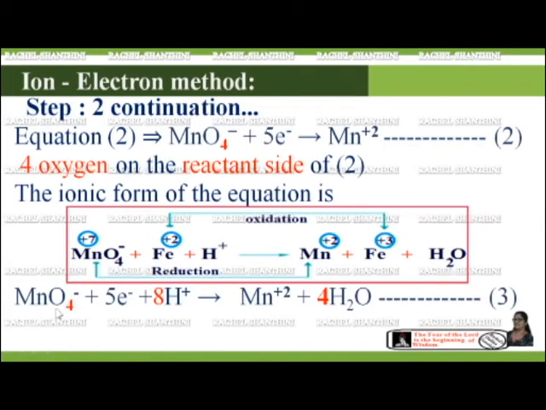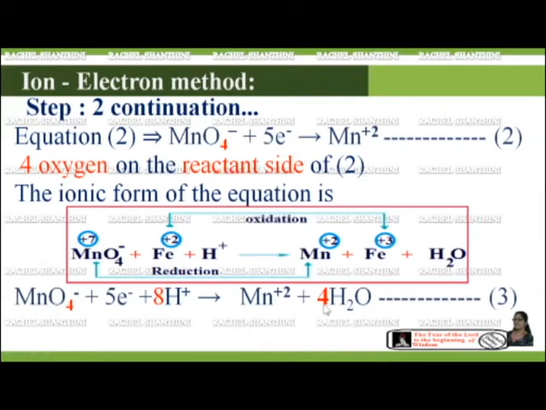So we can write MnO4⁻ plus 5 electrons plus H⁺ gives Mn²⁺ plus water molecule. To balance the number of oxygen atoms, we write coefficient 4 in front of the water molecule. Now the number of oxygen atoms is balanced.